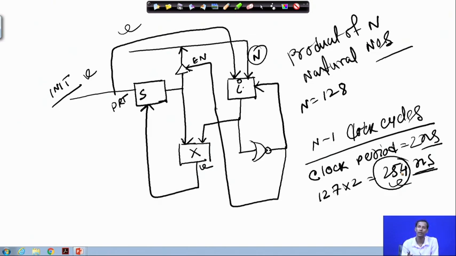But in a critical case, where time is a very critical condition and you cannot wait for 254 nanoseconds, you need a different architecture. So, at that time if I implement this particular logic using n minus 1 number of multipliers.